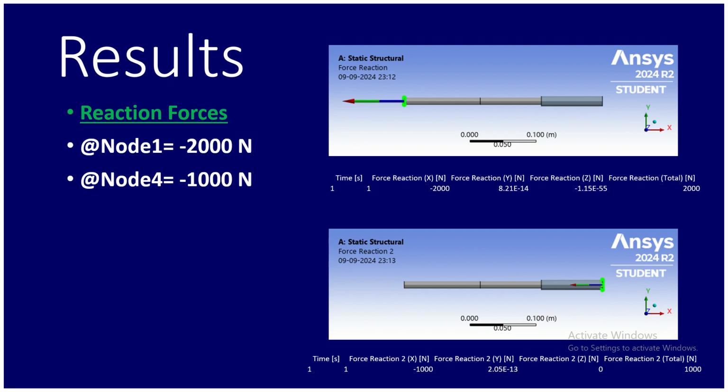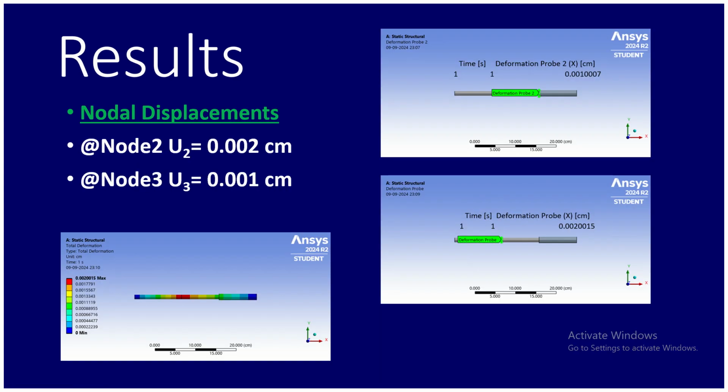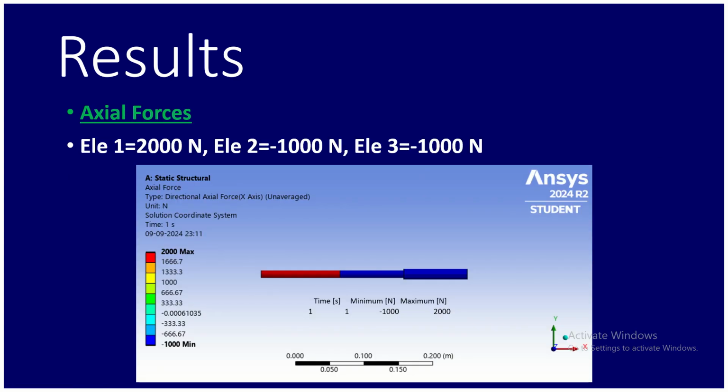Then these are the reaction forces, the force reaction at node 1. So this was node 1, and we have the value of 2000 newtons in this direction, that is -2000 newtons, and we have at node 4 -1000 newtons. So we have validated the results as well.